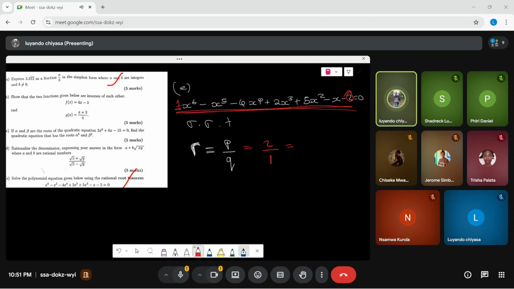Numbers that can go into 2 without leaving a remainder. We know that those numbers are plus or minus 1 and plus or minus 2. And for the factors of 1, it is just plus or minus 1. So from that, the possible roots.